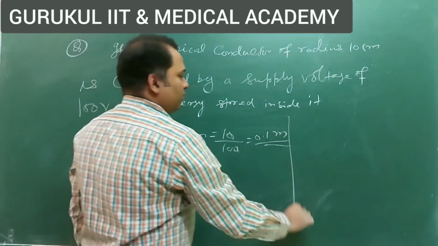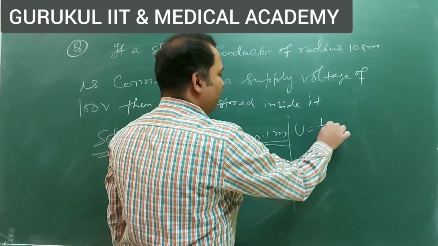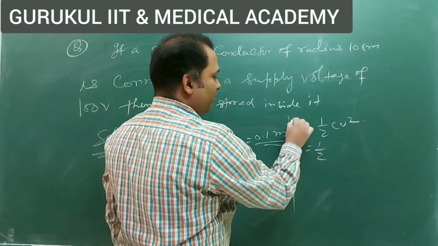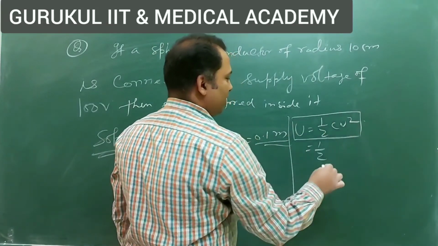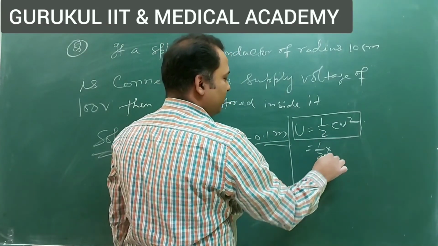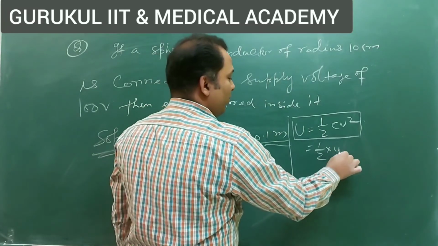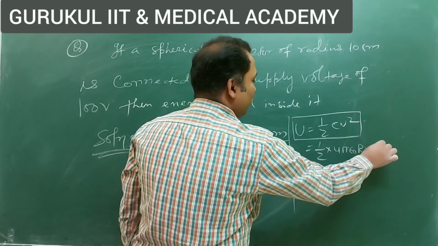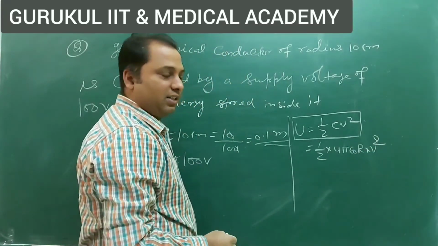You know energy is half CV square. This is the formula of energy. C is the capacitance. This is the spherical conductor, so apply 4 pi epsilon naught R into V square. Got it?